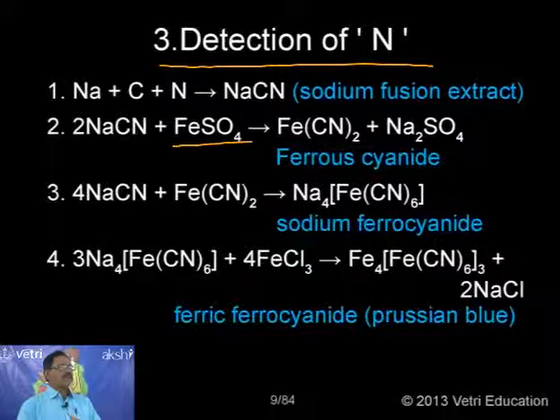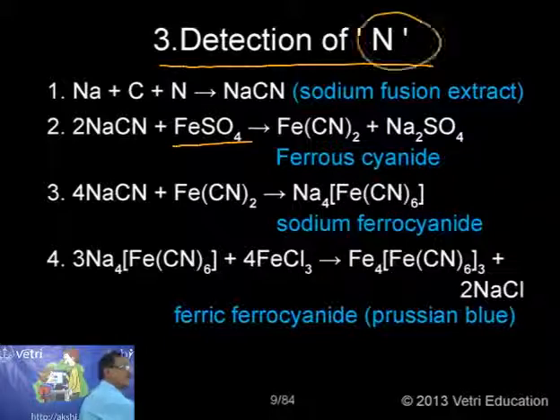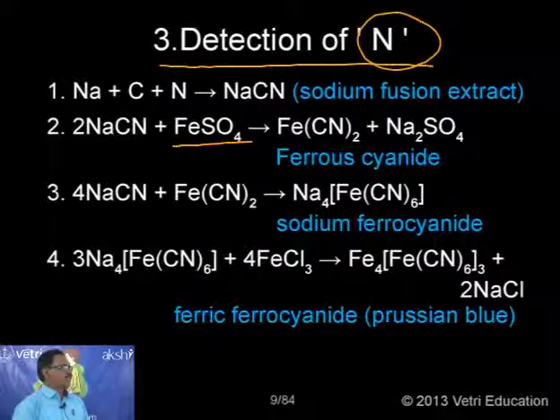Heat strongly. Cool. To the cooled solution add neutral ferric chloride followed by acid. Immediately the formation of a blue or bluish green or green colored solution or precipitate shows the presence of nitrogen. This is the interesting information.